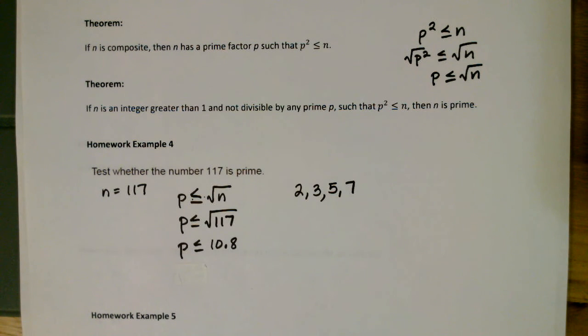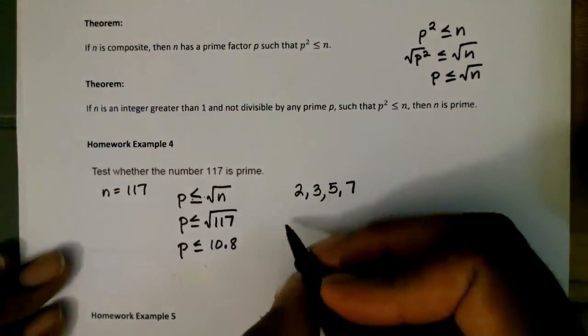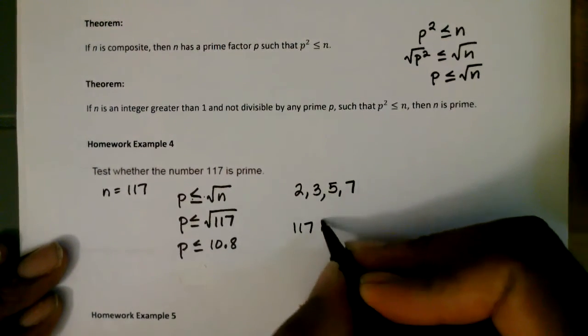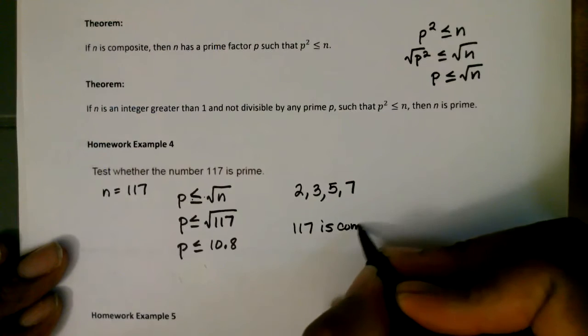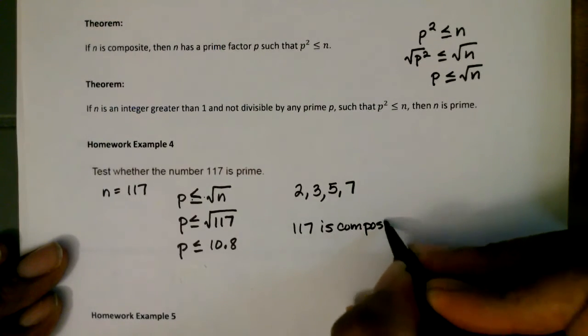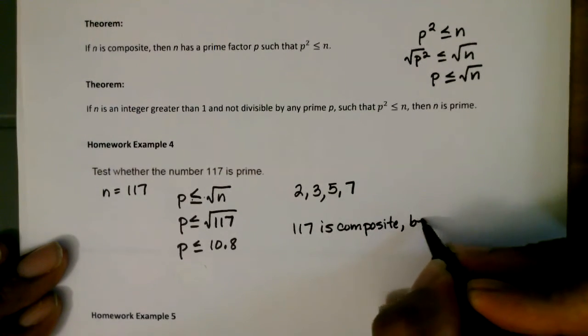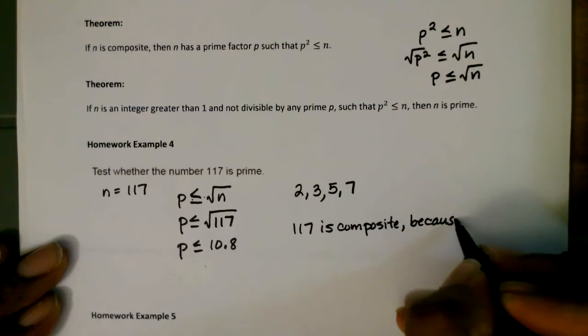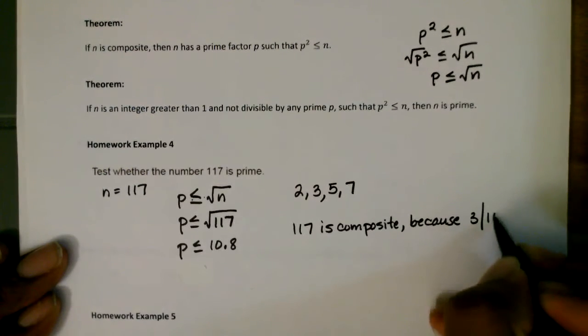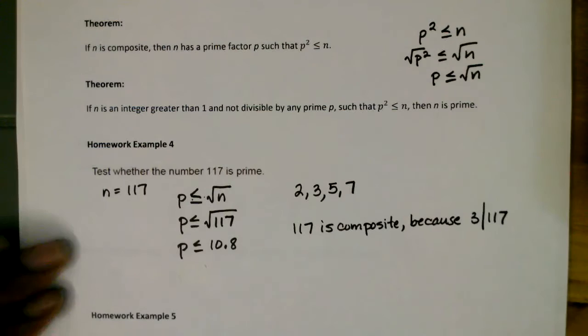It's actually composite. So here 117 is composite. That is because 3 does divide 117.